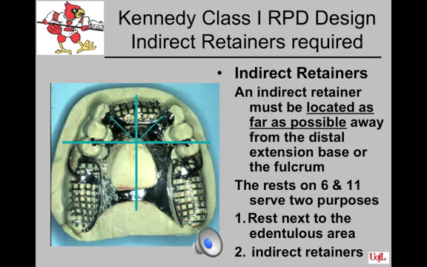If they weren't indirect retainers, they would still be necessary because you must have a rest next to or near every edentulous area. And with that edentulous area, 6 and 11 are the most ideal to put rests to support those teeth that will be added in that area, but also it acts as an indirect retainer.